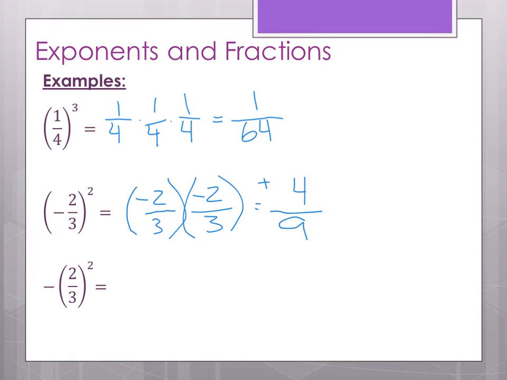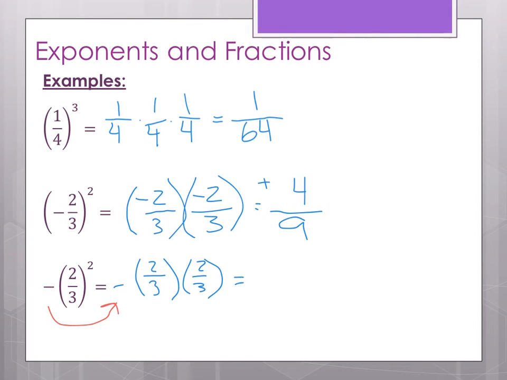Let's see what happens in this scenario. When the negative is outside the parentheses, I just carry over that one negative sign. And remember, when I expand my exponents, I'm only expanding what's inside. So I have a positive 2/3 once and a positive 2/3 a second time because my exponent was 2.